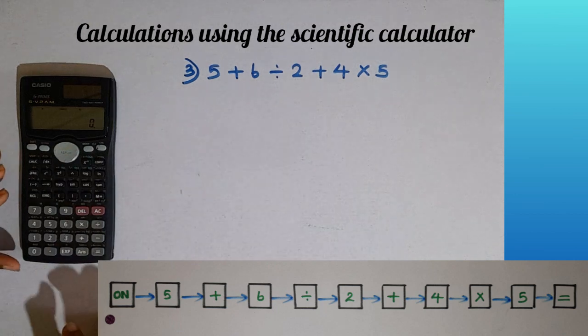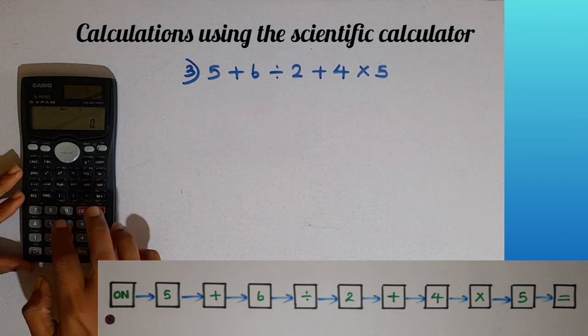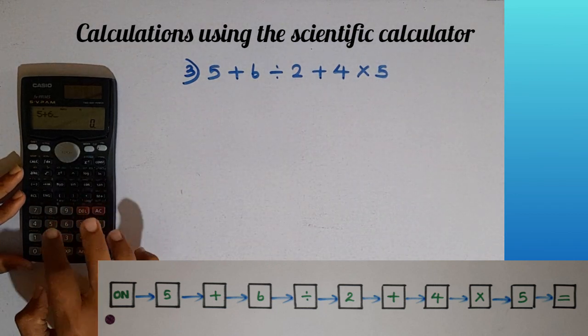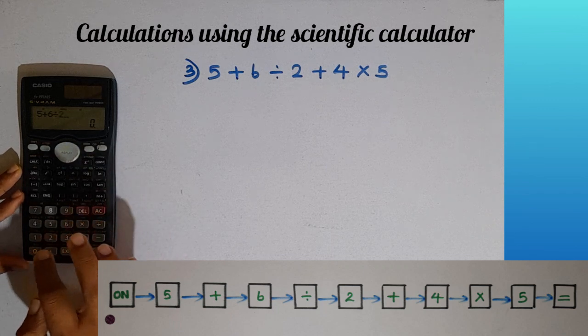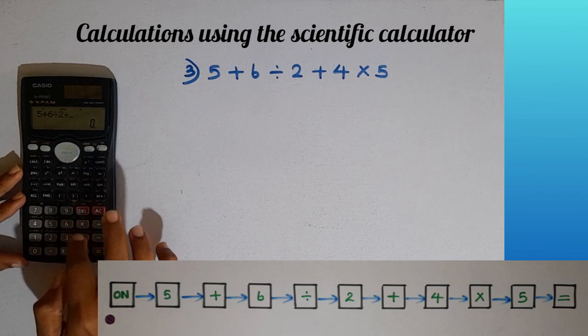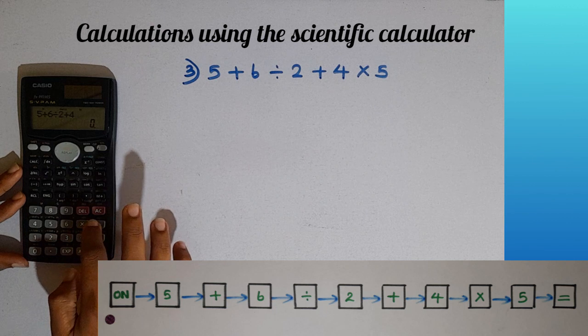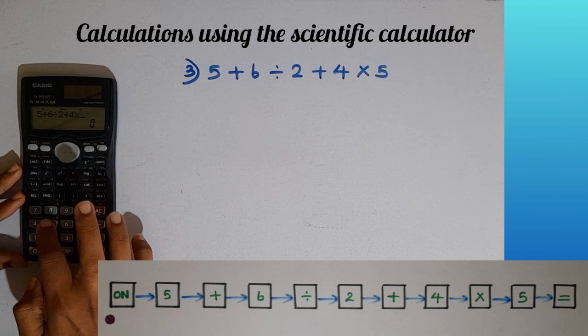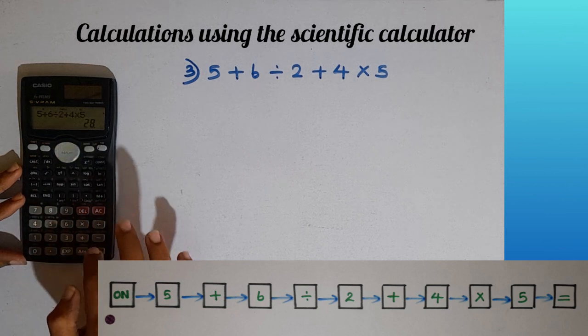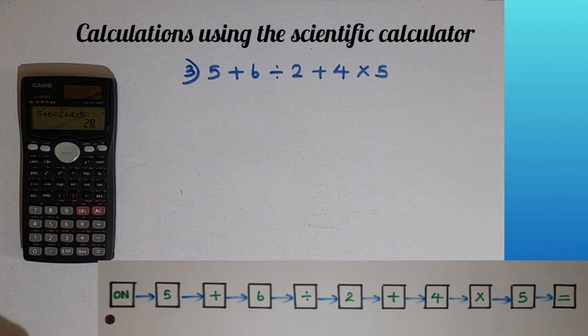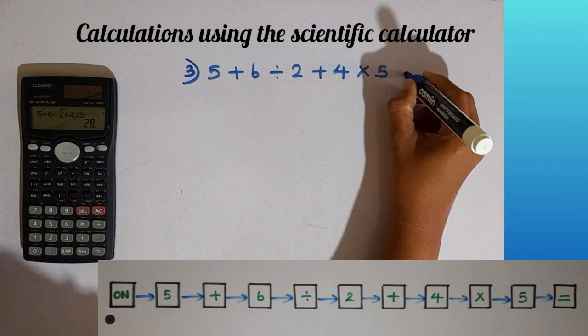This is the flow chart. Then 5 plus 6 divide 2, then plus 4 multiply 5. To take the answer, press the equal sign key. Then the answer is 28.